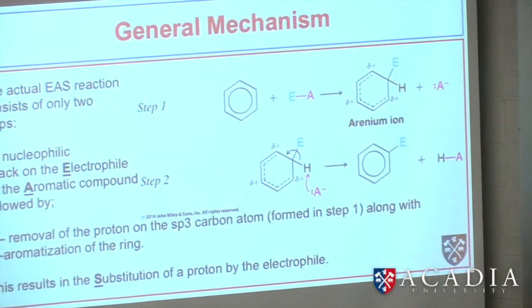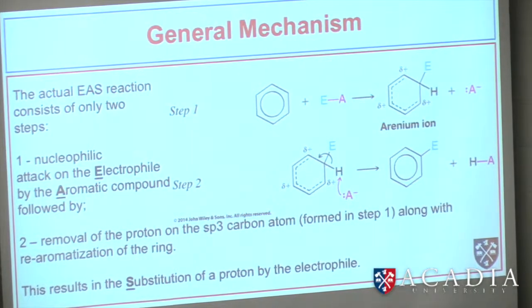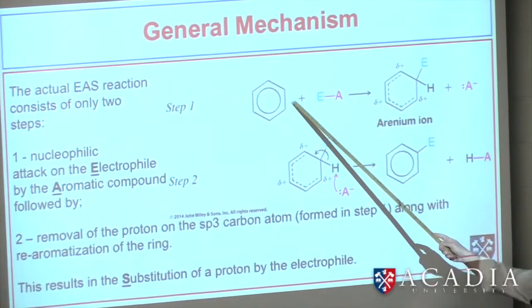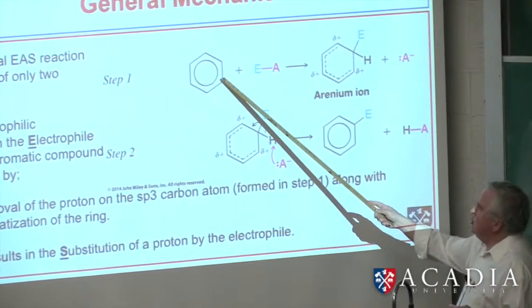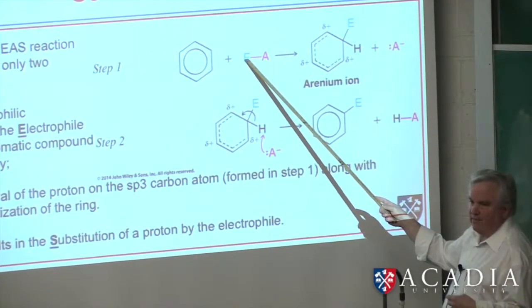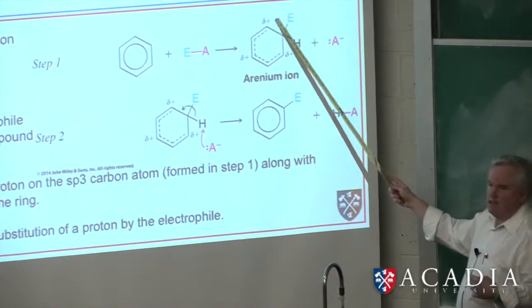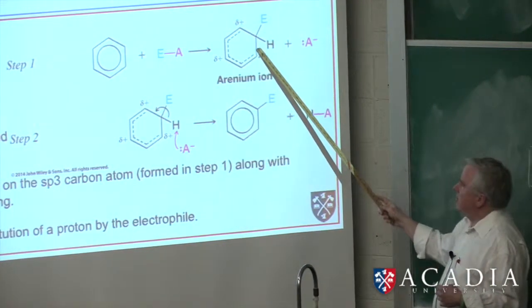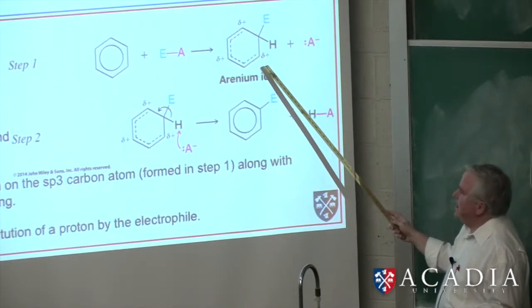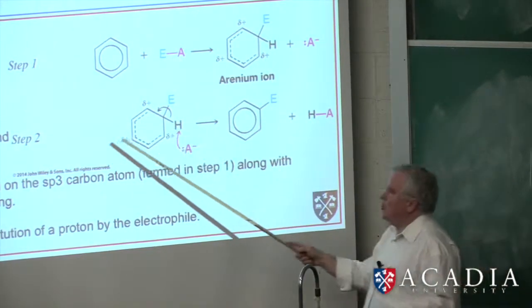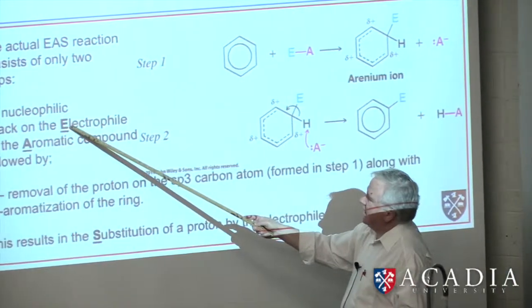So the actual electrophilic aromatic substitution reaction has two steps. In the first, the nucleophile attacks the electrophile to form this thing. We call this an arenium cation.